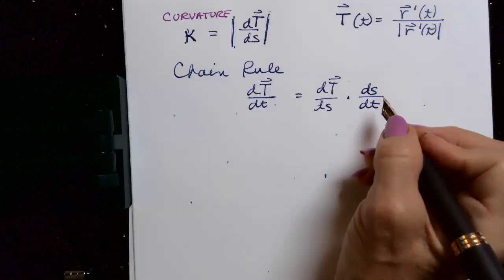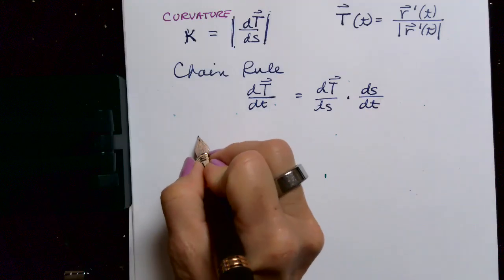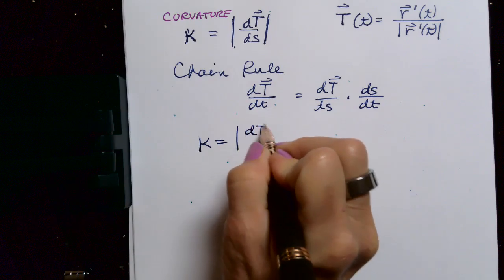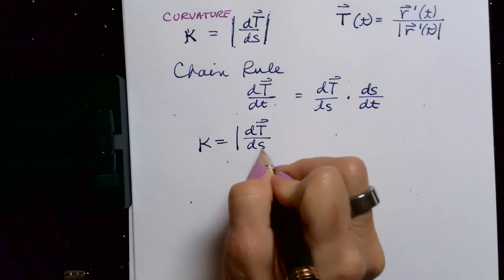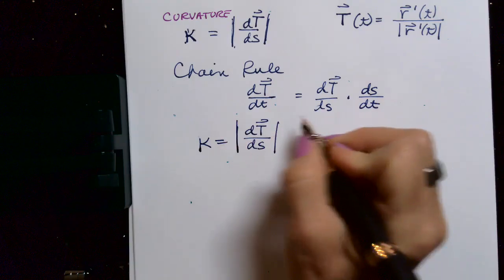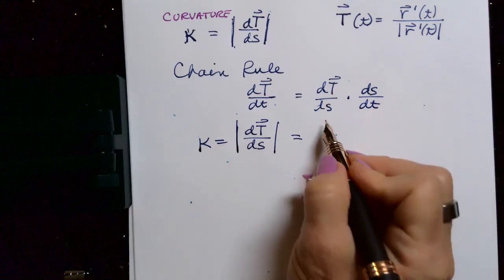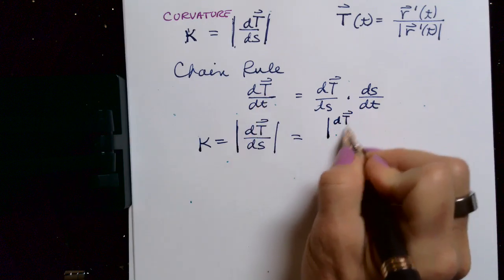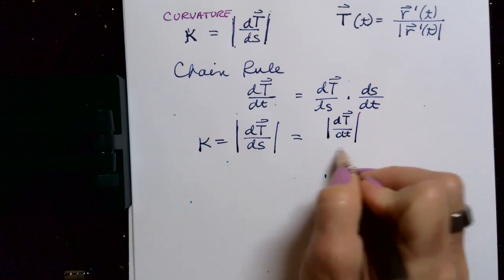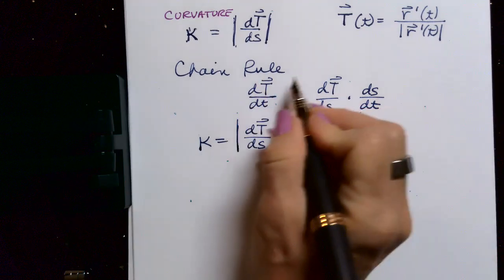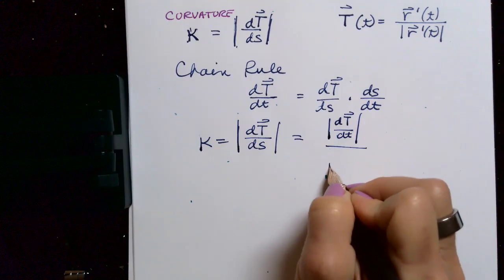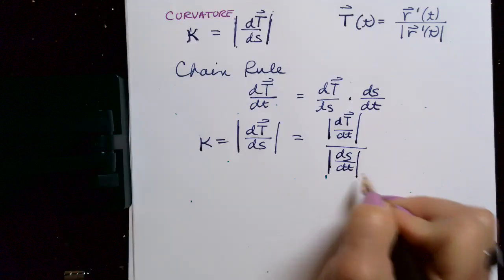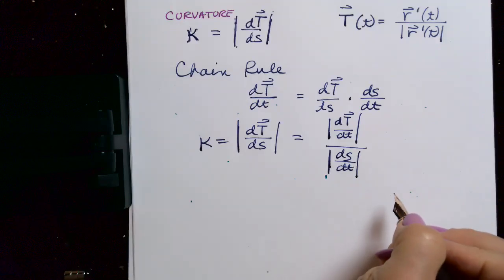And so we know that kappa, the curvature, which is the length of the vector dT/ds, is then equal to the length of dT/dt, because I have to use this line above, but then take lengths of these vectors, divided by the absolute value of ds/dt.